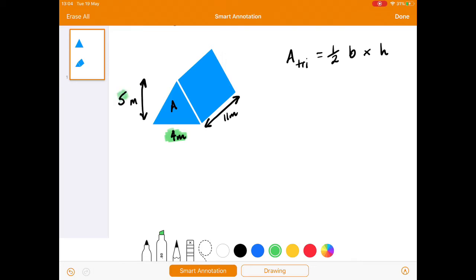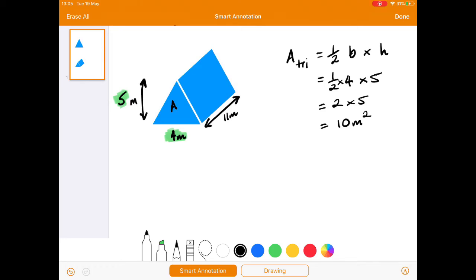The height of the triangle is 5. So now we have to swap in those numbers into this area formula. So half base times height. So what's half of 4? 2. So that equals 10. And it's meters squared.